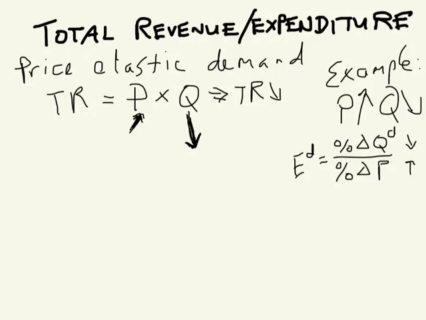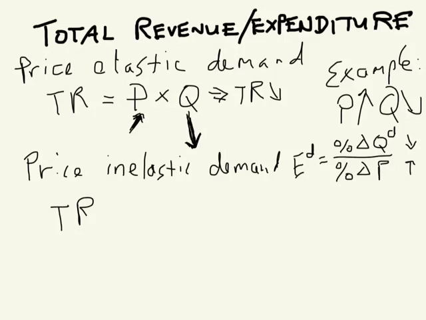And if we think through that same price increase, but now in the case of a price inelastic demand, well, total revenue is still defined as price times quantity. That never changes. That's definitional.